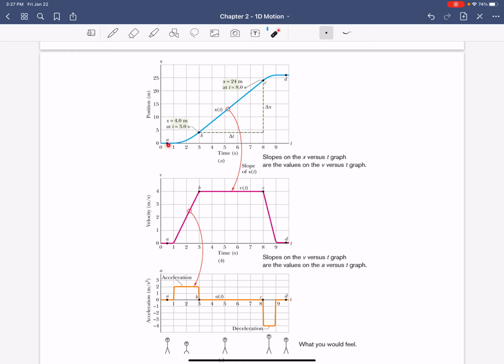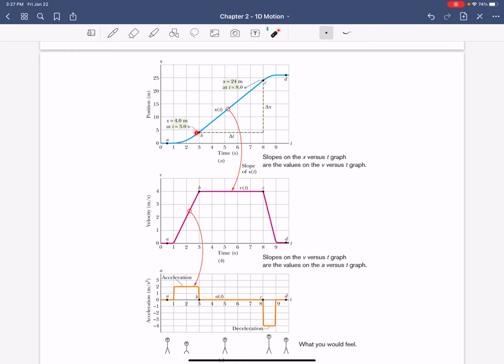The position increases, and then it kind of goes for a constant rate, moves at a constant speed because the position changes at a constant rate. And then from C to D, it goes back down to 0, back to a stop. You would be correct.